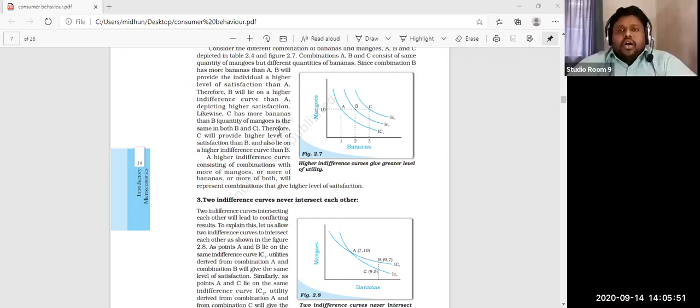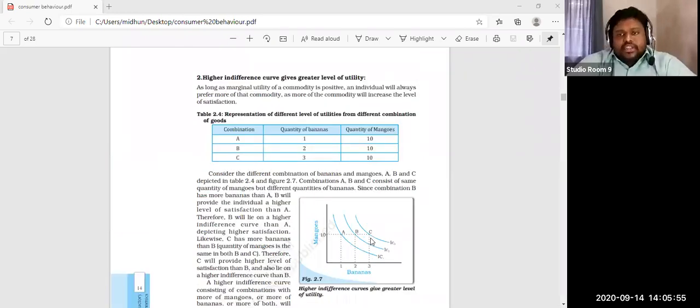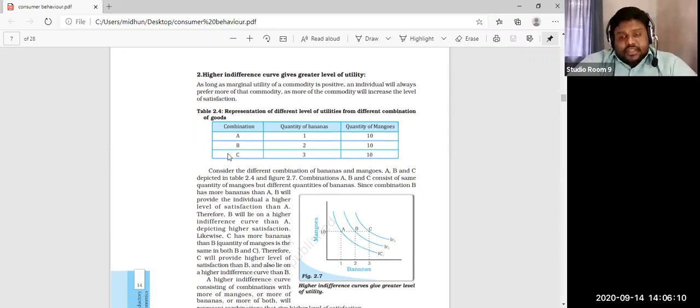If you find a number of indifference curves on a graph paper, we can easily say that it's an indifference map, in which we can find more than two indifference curves. So the higher the indifference curve, the greater the level of utility and satisfaction.